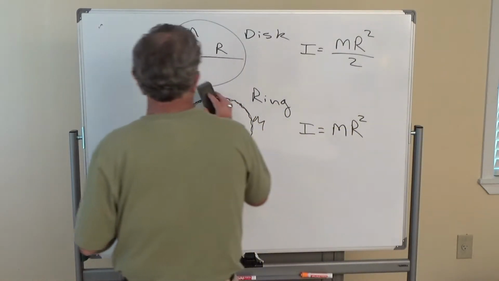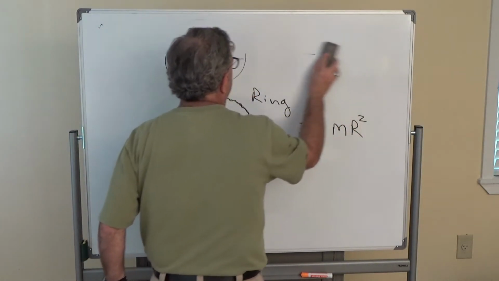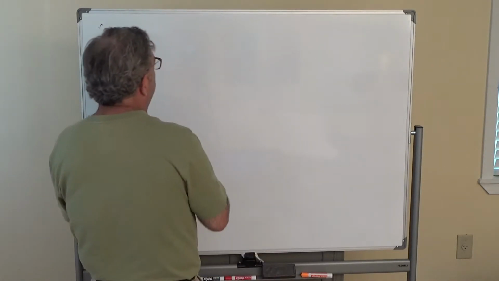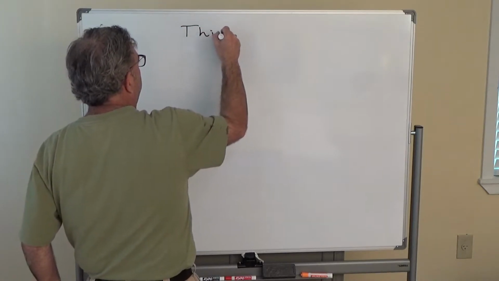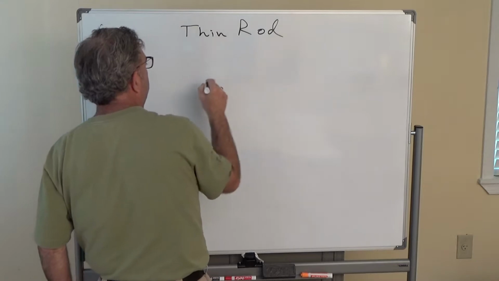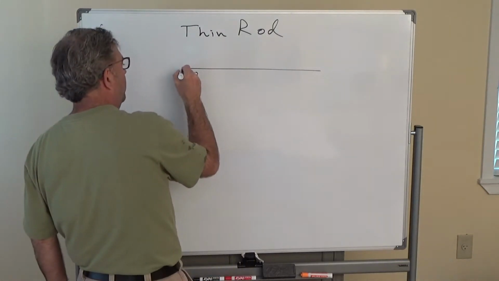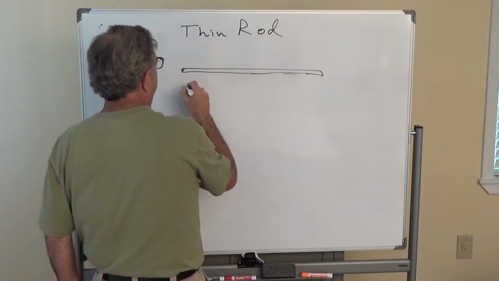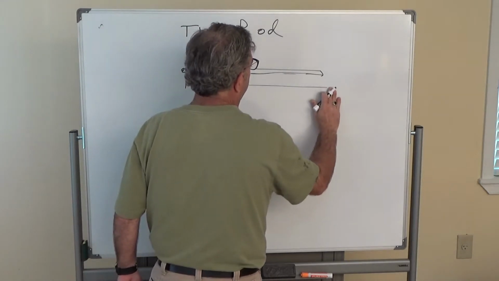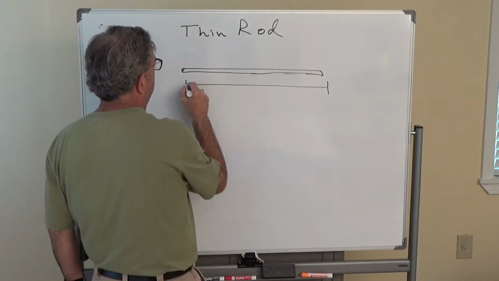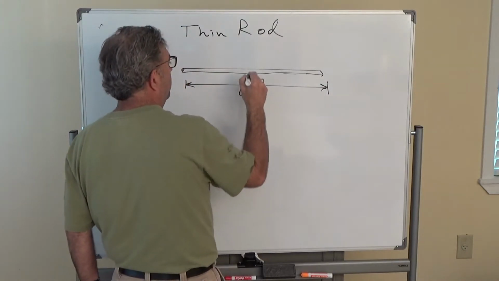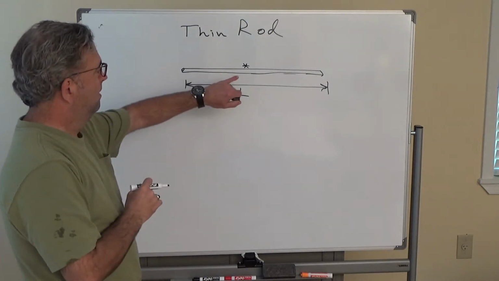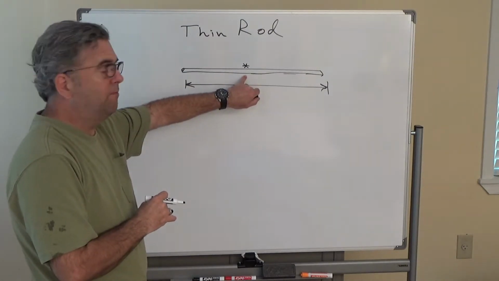For a thin rod, say it's a little cylinder, very thin, has length L, and you're looking at the moment of inertia about the center of the rod.